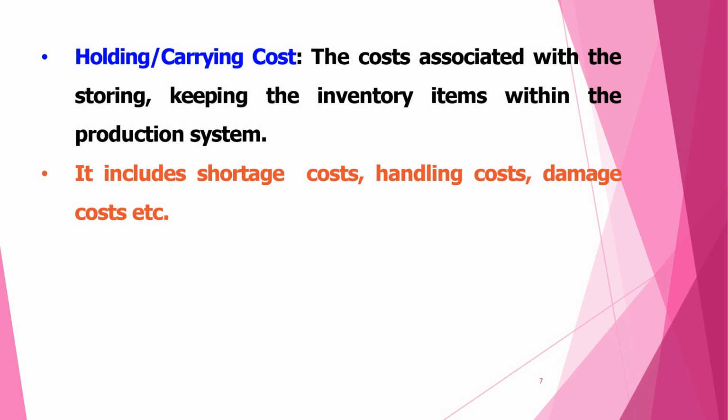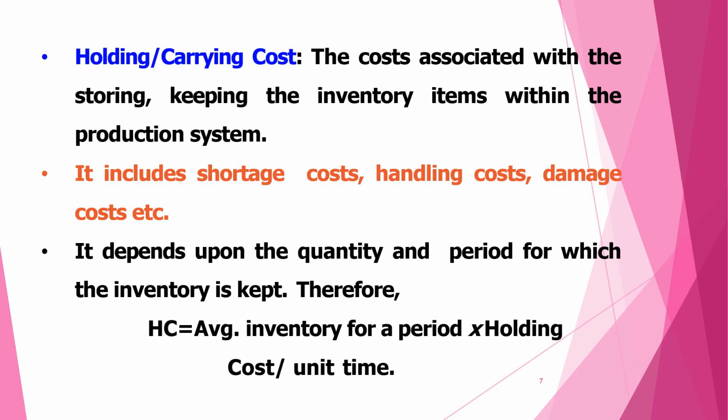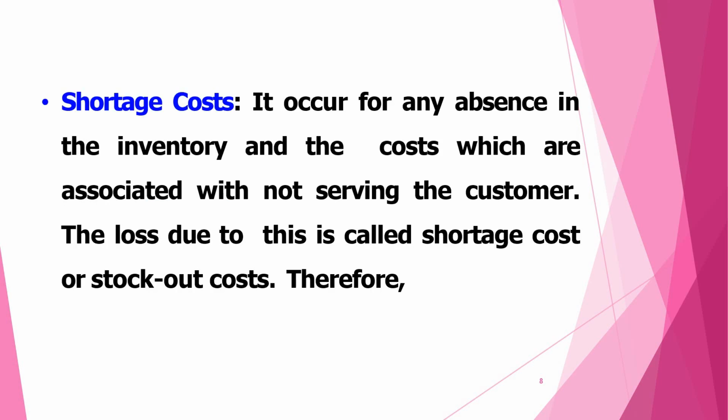It also includes wages to the employees, loading and unloading costs, insurance costs and many more. It depends upon the quantity and the period for which the inventory is kept. Therefore, holding cost is average inventory for a period times holding cost per unit time.